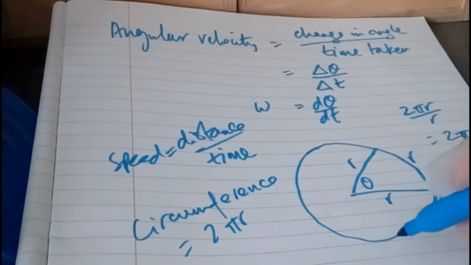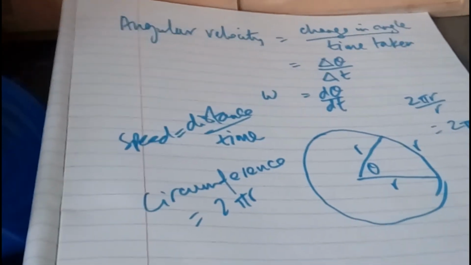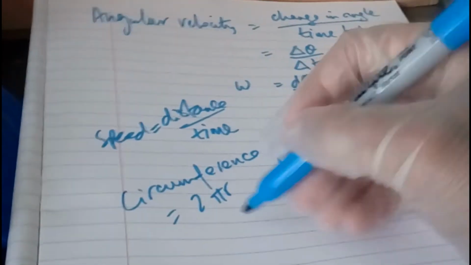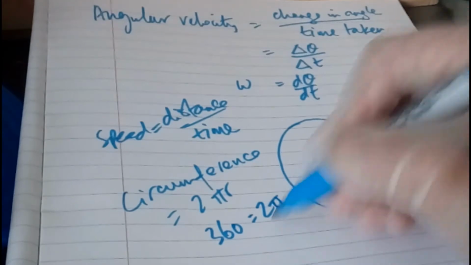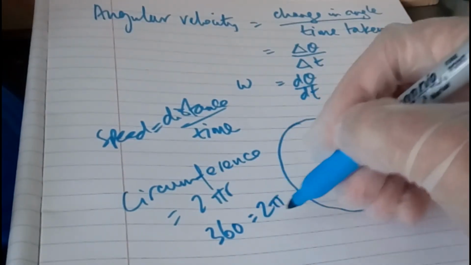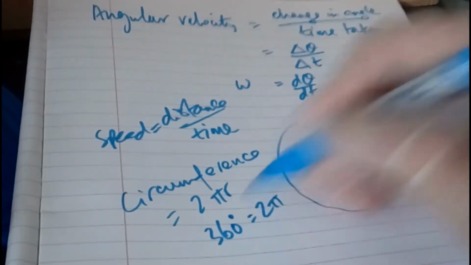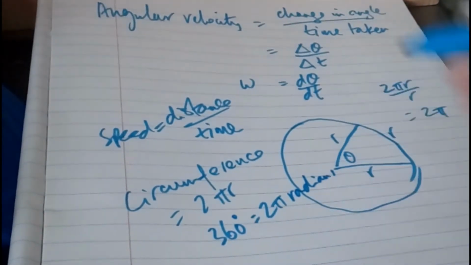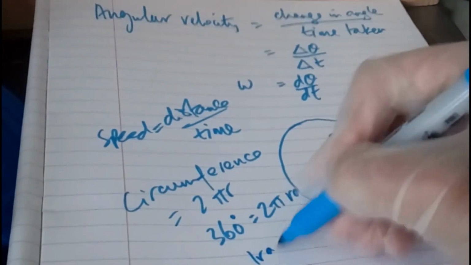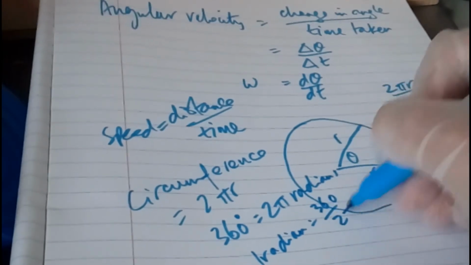So if we say that 360 degrees is equal to 2 pi radians, then 1 radian would be 360 divided by 2 pi.